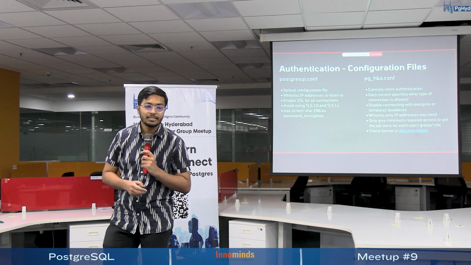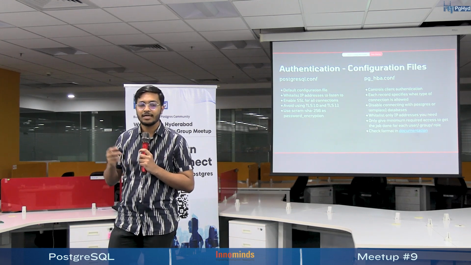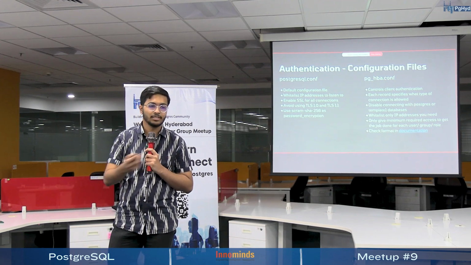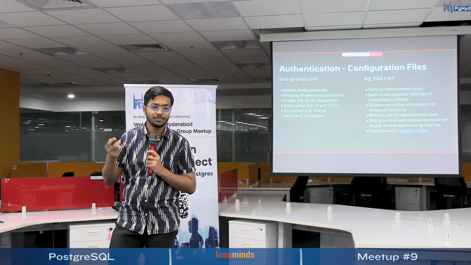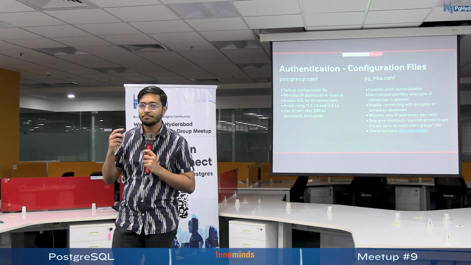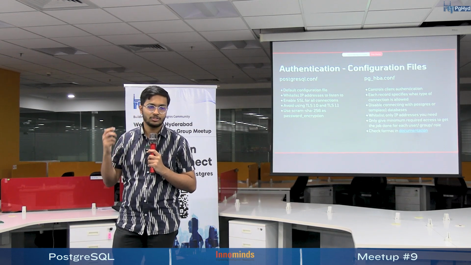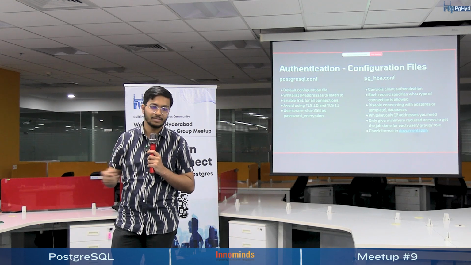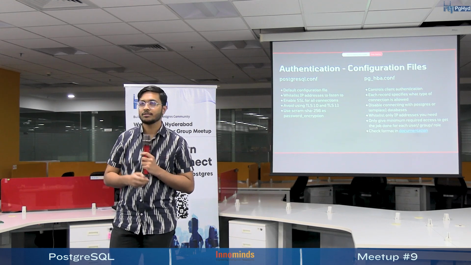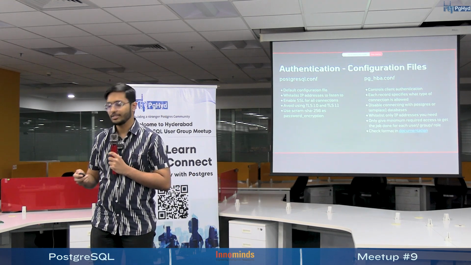Then you start looking at whitelisting the IP addresses that you need. You do that in postgresql.conf. You start looking at the roles and permissions. You should only give the minimum required access, and the documentation tells you what kind of format you have to use.